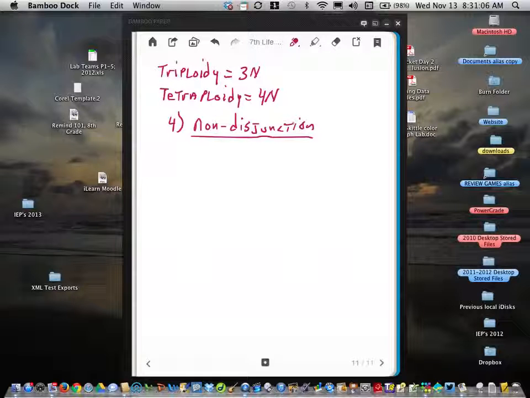And non-disjunction happens when pairs of chromosomes do not separate.